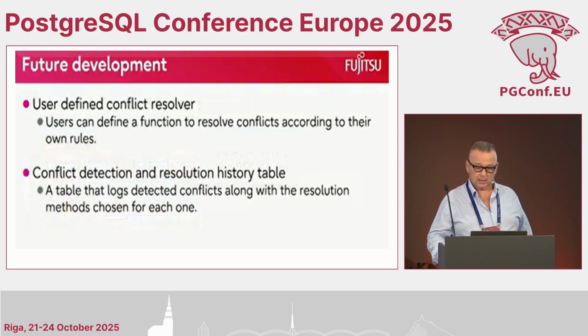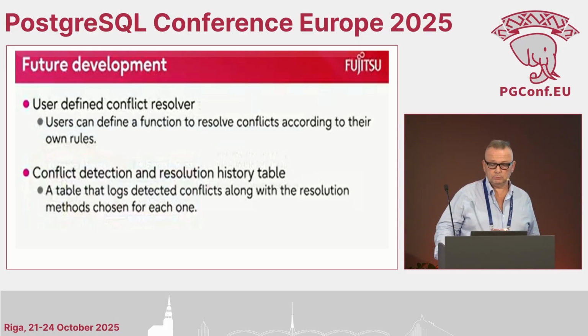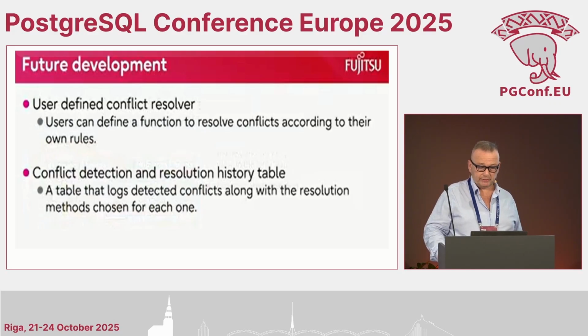And also to enhance monitoring, there are plans to add a detection and resolution history table. And this table is going to log all the detected conflicts along with the resolution methods used for each, assuming, again, that this is approved. So that's all on the new logical replication features related to conflict handling and plans.